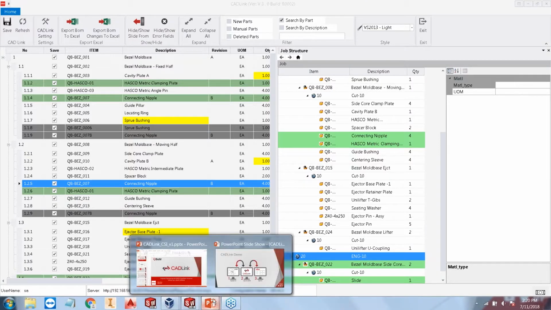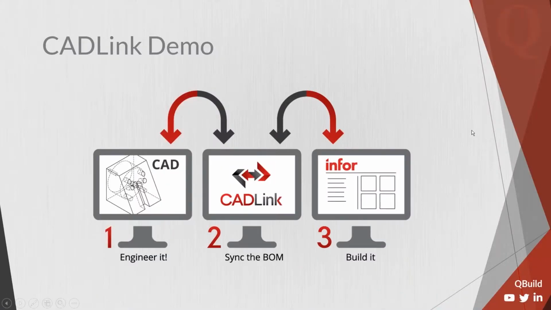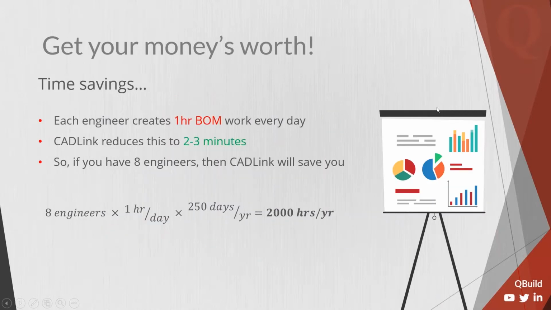So I'm just going to head back to my PowerPoint here. So what are we talking about in terms of time savings? When it comes to being in the engineer to order, manufacturer to order industry, it's very common that each engineer is able to create an hour of BOM work every day.